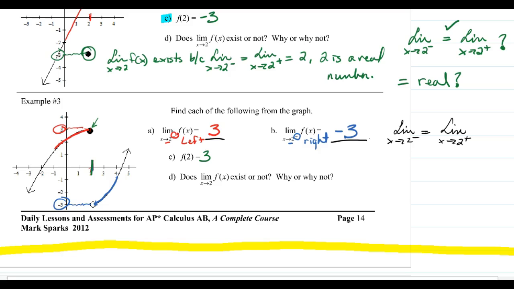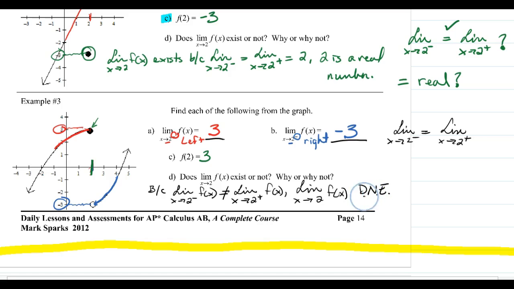And those do not equal each other. So because the limit as x approaches 2 from the left of f of x does not equal the limit as x approaches 2 from the right of f of x, the two-sided limit, the limit as x approaches 2 of the function, does not exist.